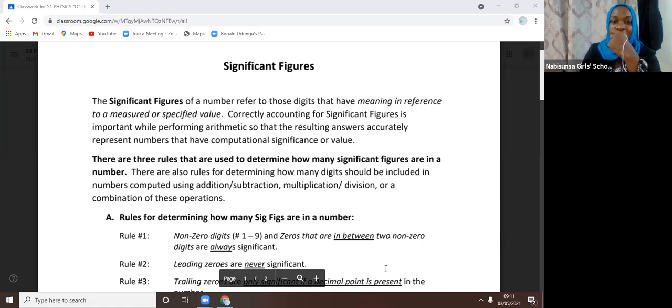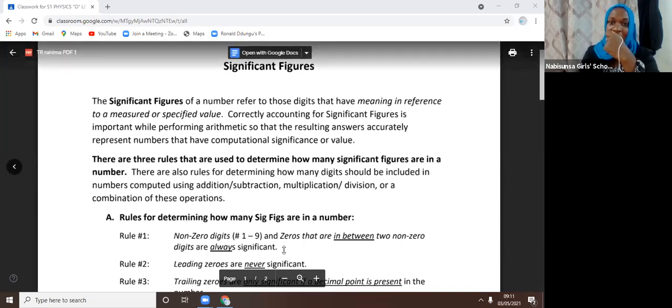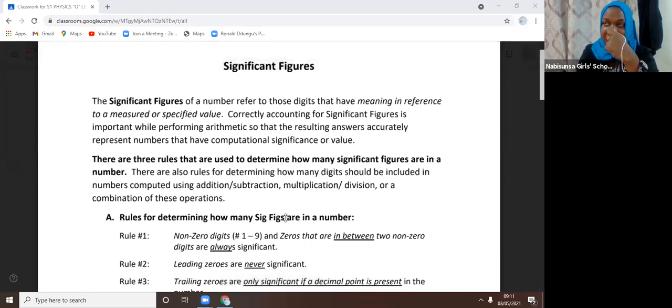So we are saying that significant figures are the important figures in a number. Without these figures, the number becomes meaningless. In simple terms, they're important figures.